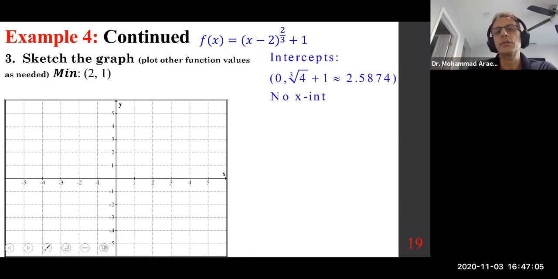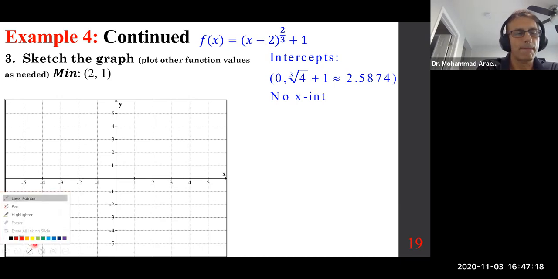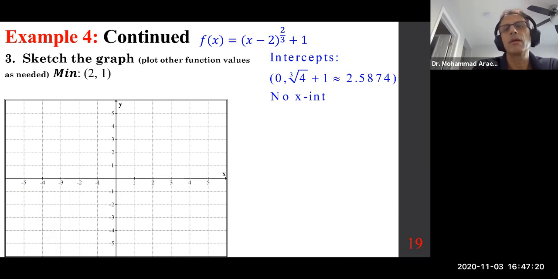So intercepts, if you replace x with 0, you get negative 2 to the power of 2/3 plus 1. Negative 2 to the power of 2/3, that means cube root of 4. I hope you know that, right? So negative 2 to the power of 2/3 plus 1 means cube root of negative 2 squared, which is 4, plus 1.